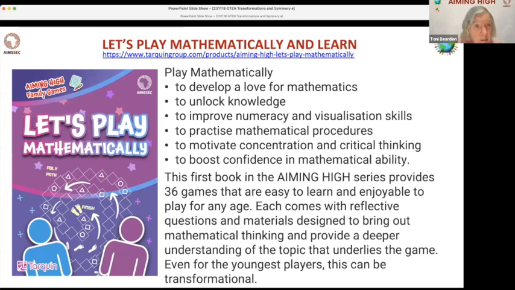But if you put a game into the lesson and it's a mathematical game and it's mathematical learning, then they will not even think they're learning. They'll think they're just playing.